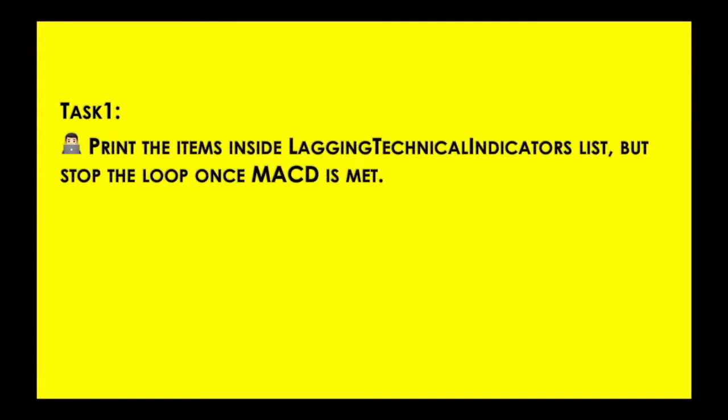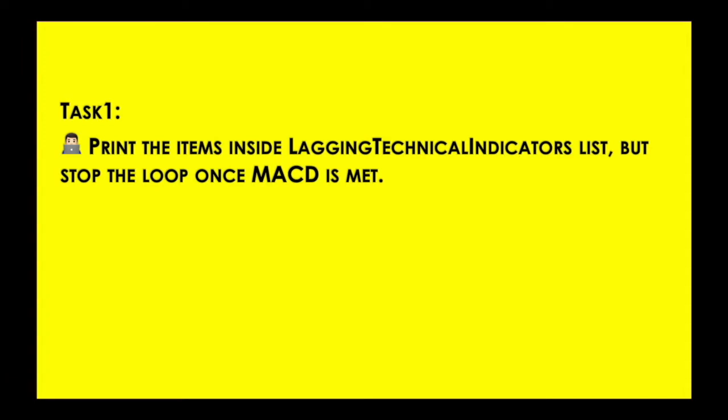For task number 1, we should print the items inside lagging technical indicators but stop the loop once MACD is met. MACD is actually one of our items inside the list. This is the last and final output. Okay, so without further ado, let's start our coding.